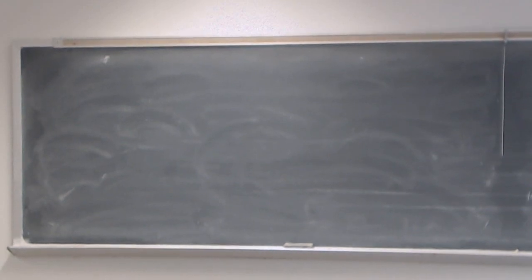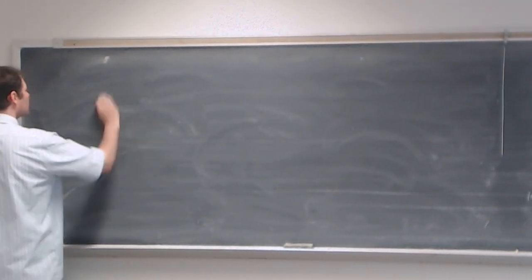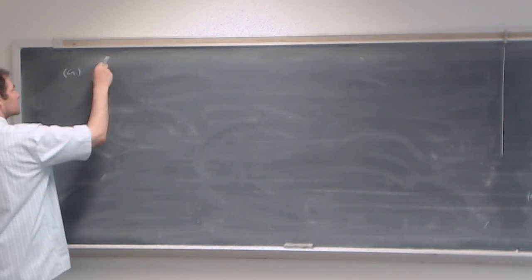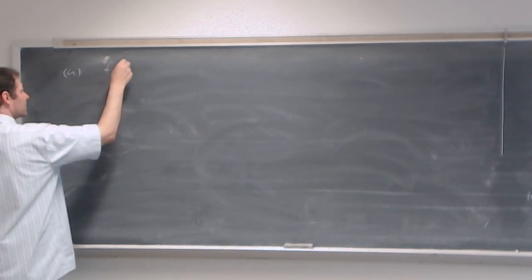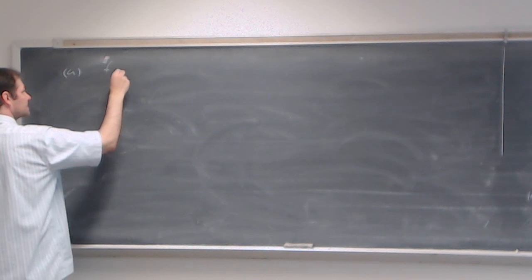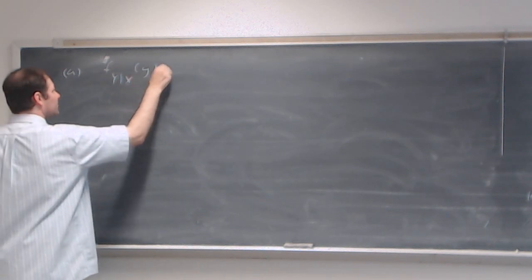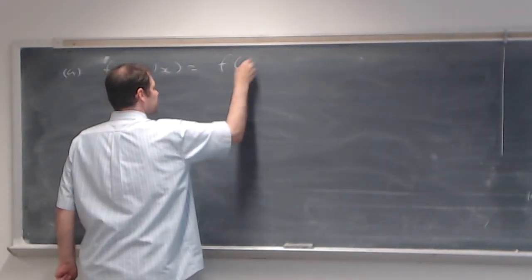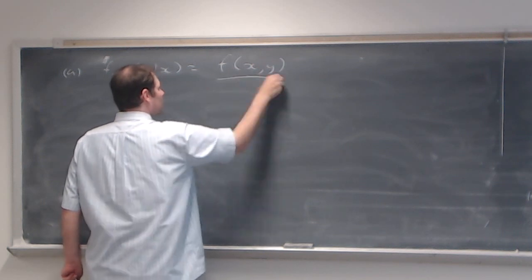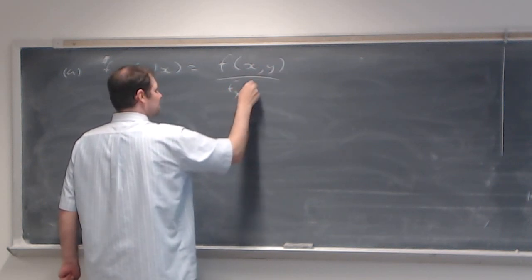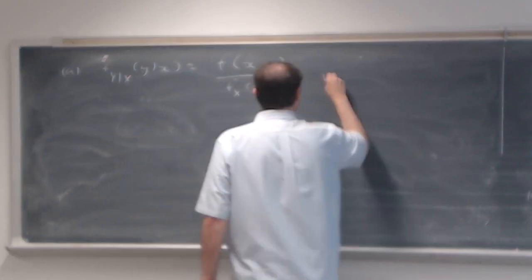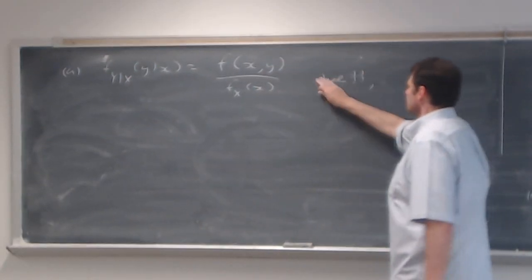Because we're talking about continuous random variables here, we're going to be integrating instead of summing. So here, the conditional probability density function of y given x is, by definition, the joint PDF over the PDF of x. Well, let me write this down.